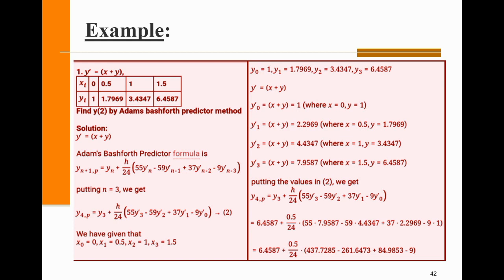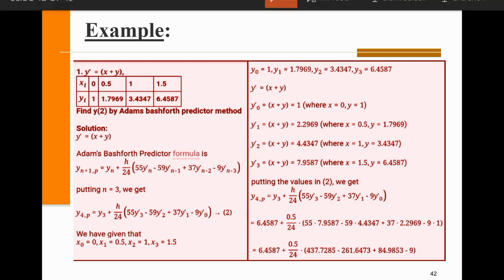So one example, in the similar way as we have done in the previous example. Again, I have taken the same problem, the same example here, which we have learned in the previous Milne's method, right? So same example I have taken to compare the results. So see, again x0 given, x1 given, x2 given, x3 is given, and y0, y1, y2, y3 are given to us.